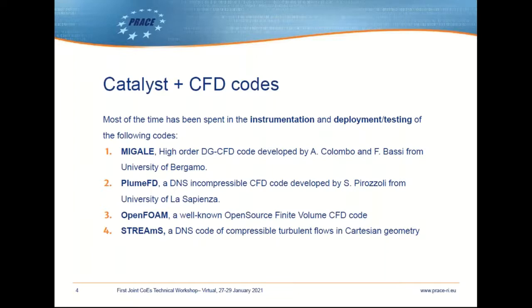And finally, Streams, which is a DNS code for compressible turbulent flows. Normally, it's used to make DNS simulation of shock-boundary layer interaction. So as you see, there are 4 codes. One comes from the engineering world. The other 3 are more research codes.